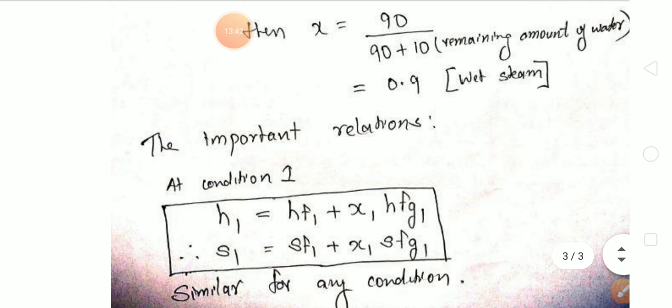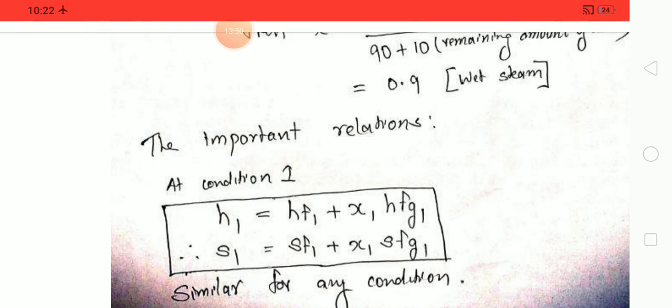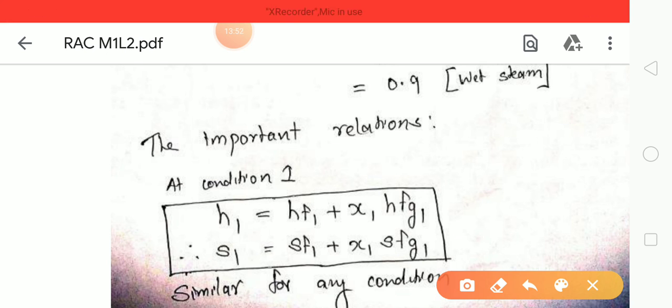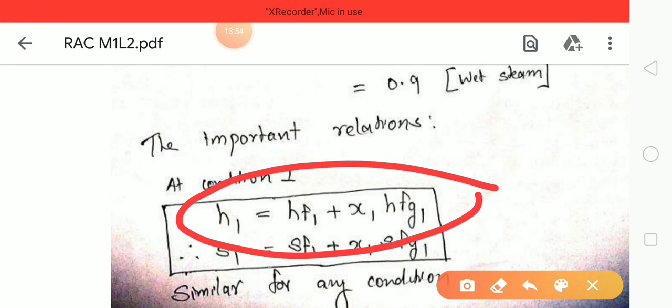Now we know hf1 is the sensible heat, and hfg is the latent heat. Then you have to know this equation. This is very important. That is, h1, the net enthalpy, is equal to hf1 plus x1 into hfg1.